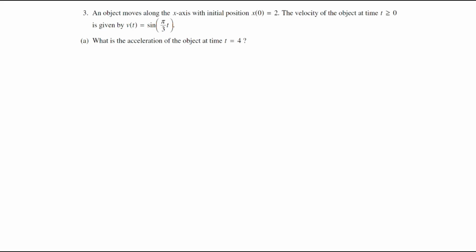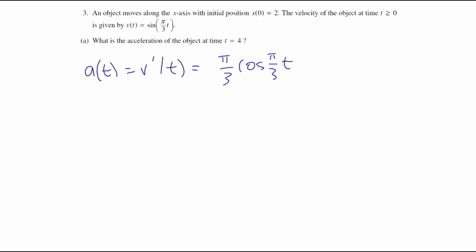This is a calculator question, so you can just have your calculator take the derivative of that, or you can just take the derivative of it yourself, which should be pretty straightforward, right? A of t is v prime of t, and the derivative of sine of something is cosine of that thing, times the derivative of that thing being pi over 3. That's the chain rule.